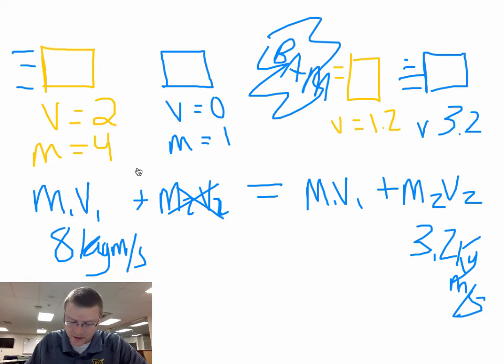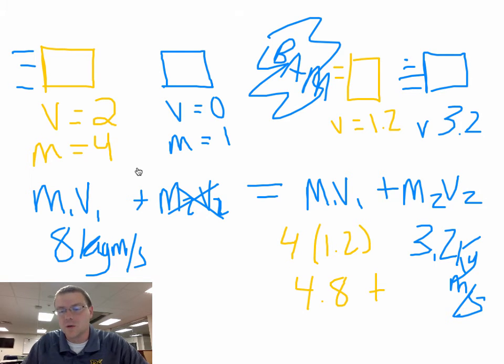For the other mass, we take our 4 kilograms and multiply by 1.2 meters per second, which gives us about 4.8 kilogram meters per second. So 4.8 plus 3.2 gives us exactly 8 kilogram meters per second. So momentum is conserved.